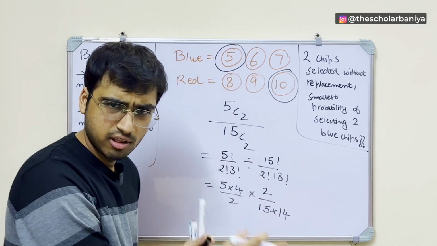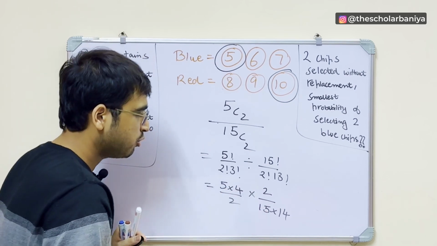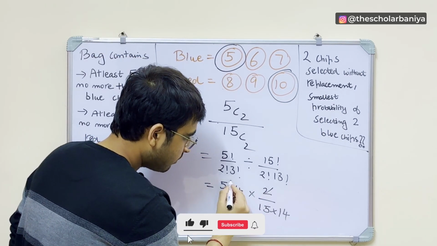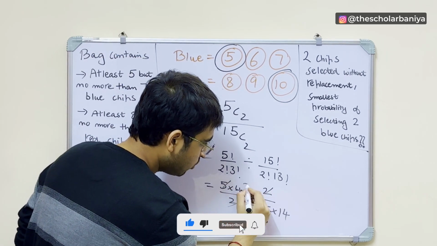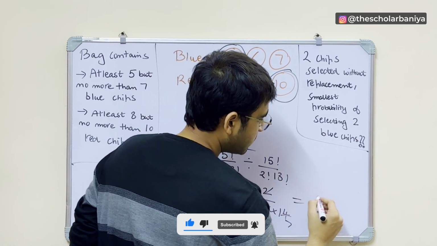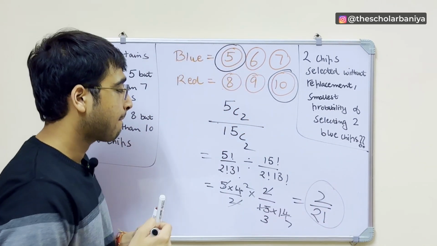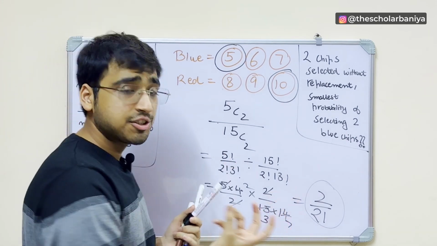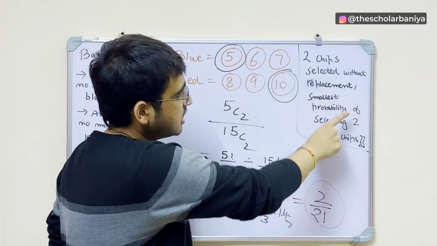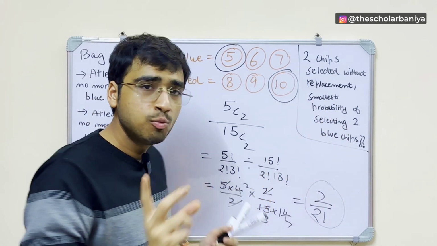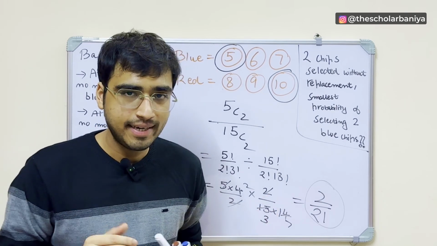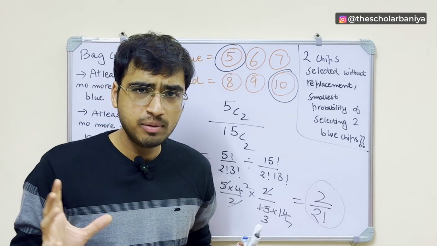I think you can solve this pretty easily, I'm not showing you how to solve it. 5 3s are 15, 2 7s are 14. This comes out to be 2 upon 21. So this is your final answer. The smallest probability of selecting 2 blue chips is 2 upon 21. I hope this should be pretty clear.